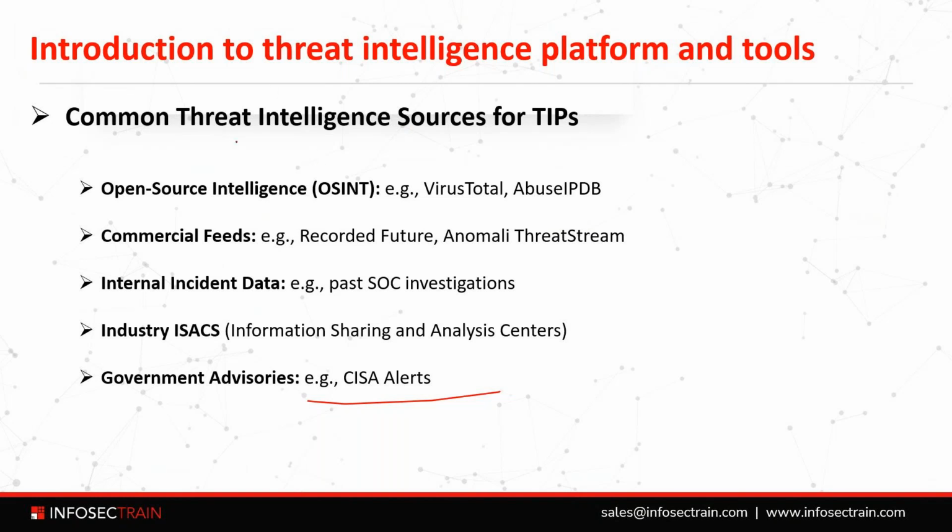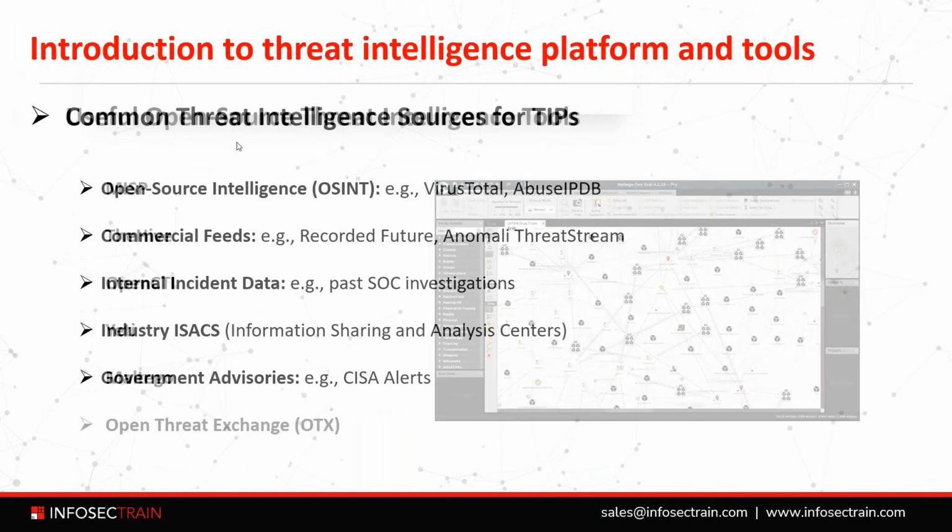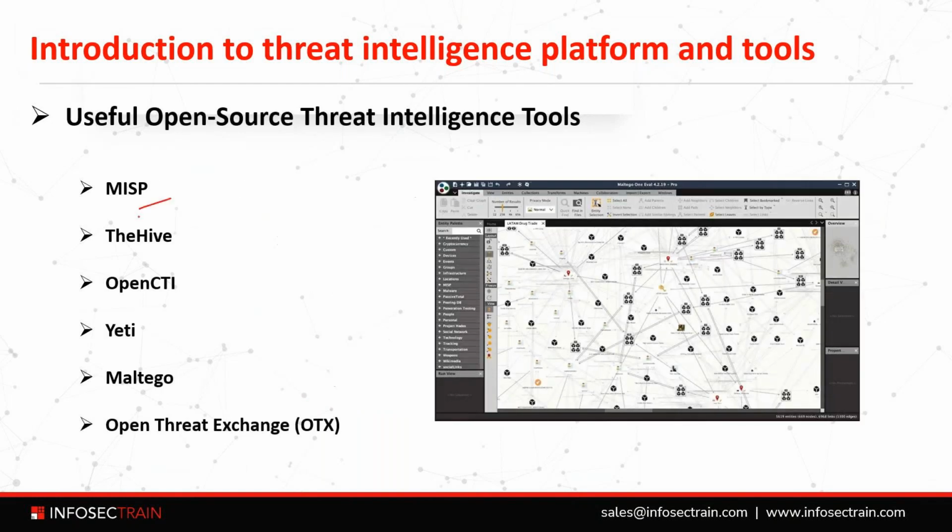Useful open source tools are MISP, TheHive, OpenCTI, and Maltego, which is also quite important. OTX I just showed you, AlienVault I just showed you. For IOCs there are OTX, Maltego, OpenCTI, TheHive, and MISP as well. So that will be for threat intelligence.